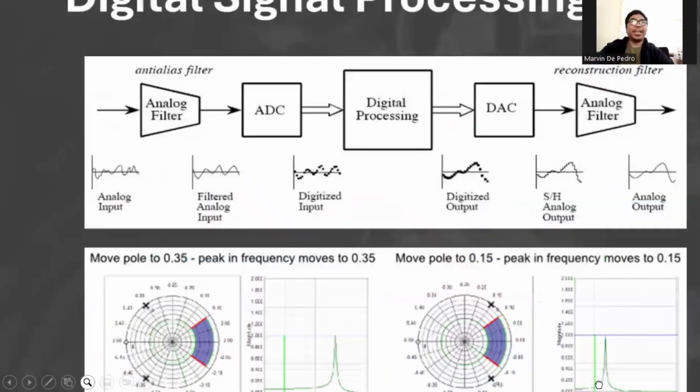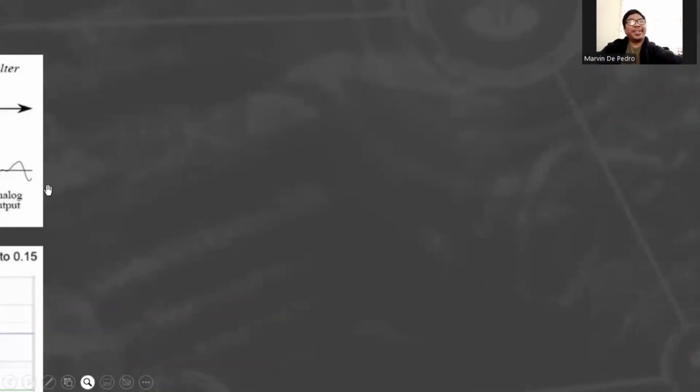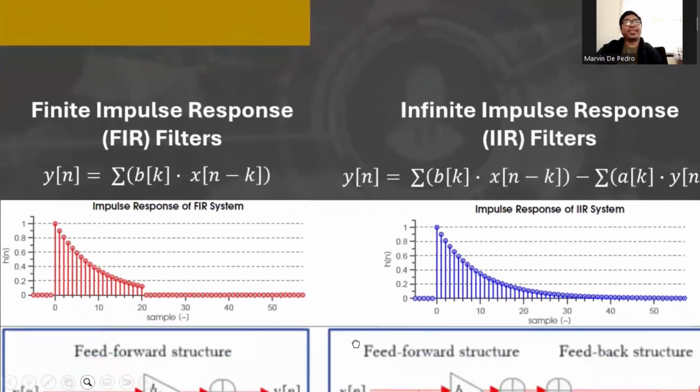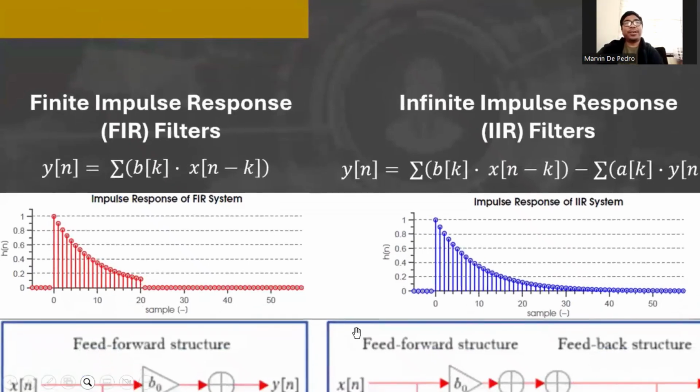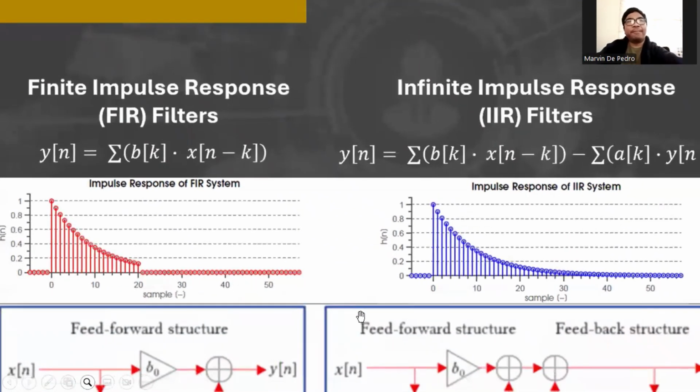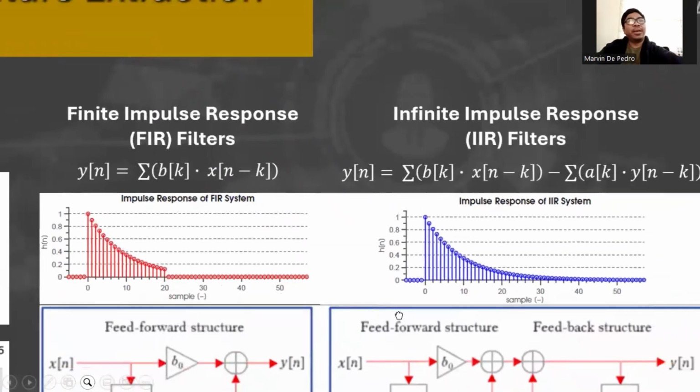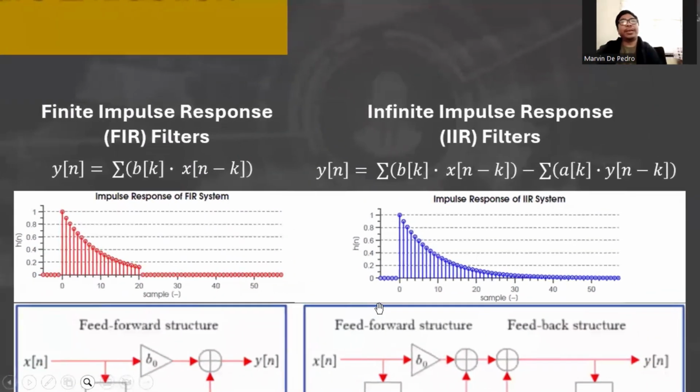And mathematically, or more technically, our digital filters can be in the form of either an FIR or an IIR filter. FIR filters, in short, are like the digital equivalent of our high pass, low pass, and band stop filters, the basic filters. That's why their equations are also basic. Whereas if you want a more complex shape for your filter, we go for the IIR filters.